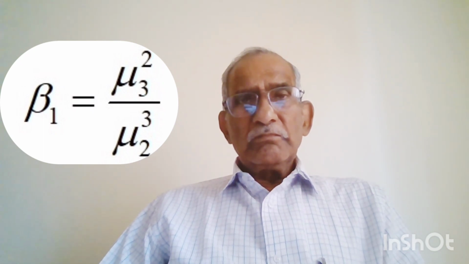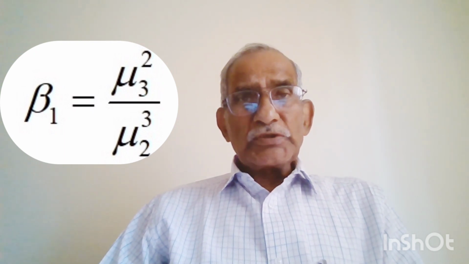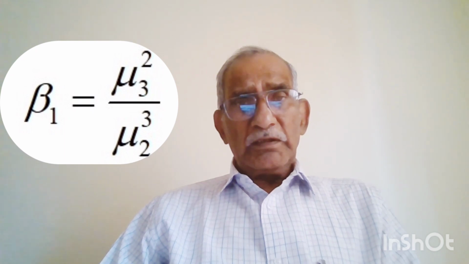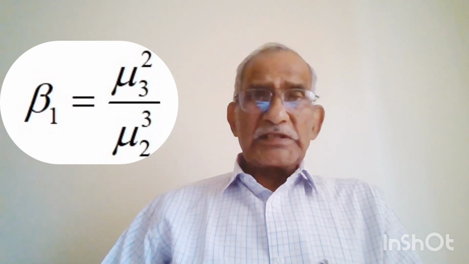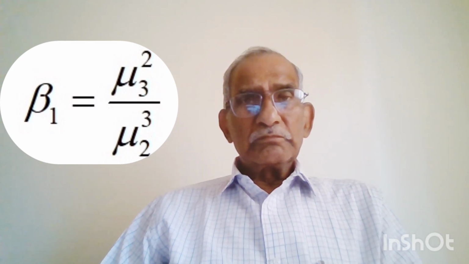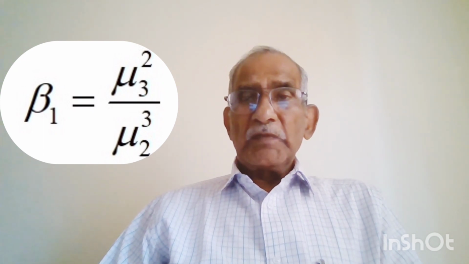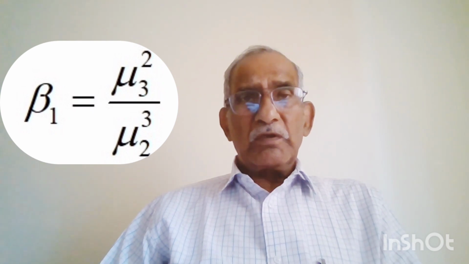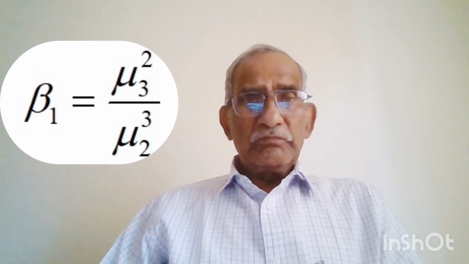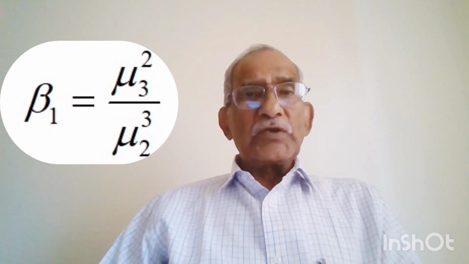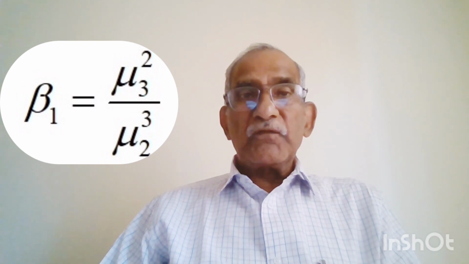Obviously, mu2 has the second power of unit, and so in the denominator of beta 1, mu2 cube has the sixth power of unit. Thus, both numerator and denominator in beta 1 have the sixth power of unit. And when we take the ratio of the two, they are cancelled out. And beta 1 thus becomes unit free.